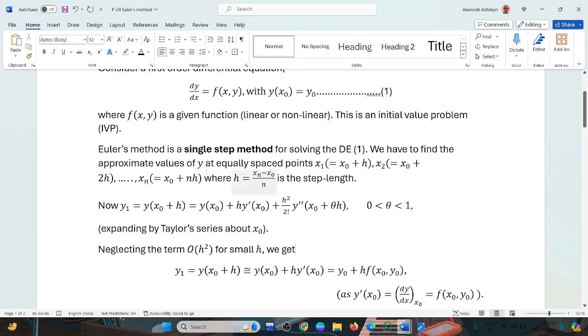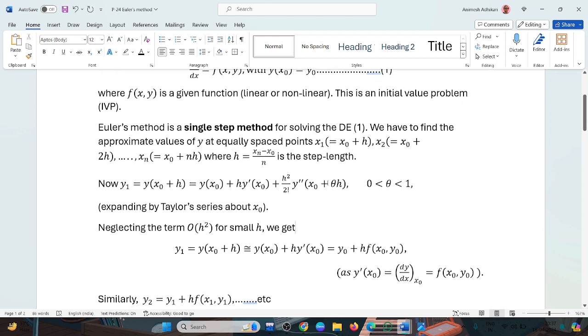We have to find the approximate values of y at equally spaced points x1 equal to x0 + h, x2 equal to x0 + 2h, and so on, xn equal to x0 + nh. h equal to (xn - x0)/n is the step length.